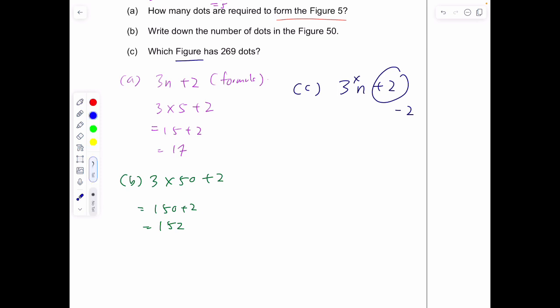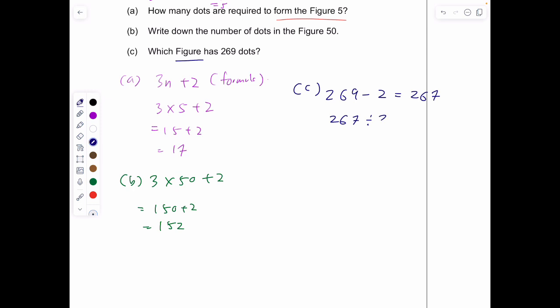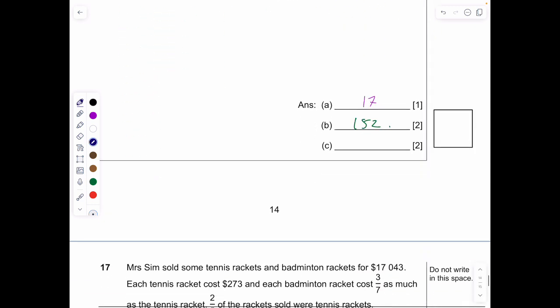So therefore, we will take 269 minus away 2, that will be 267. And then we take 267 divided by 3 instead of multiplying by 3. We get back 89. Okay, so this is actually our n. So answer is figure 89.